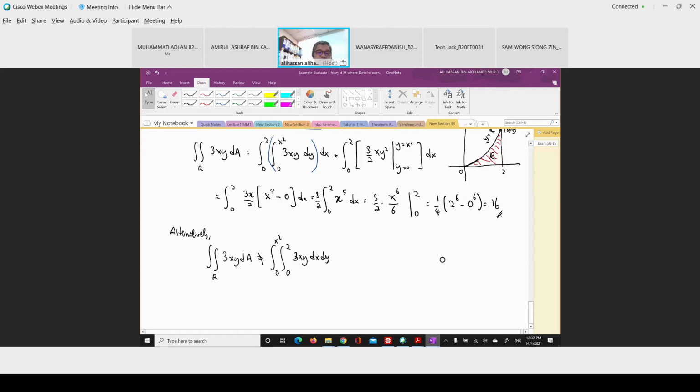If you want to evaluate the double integral using the order dx dy, it is wrong to write the limits like this, because the outer limit has a variable x. The outer integral has limits involving x. So you cannot write it in this way.